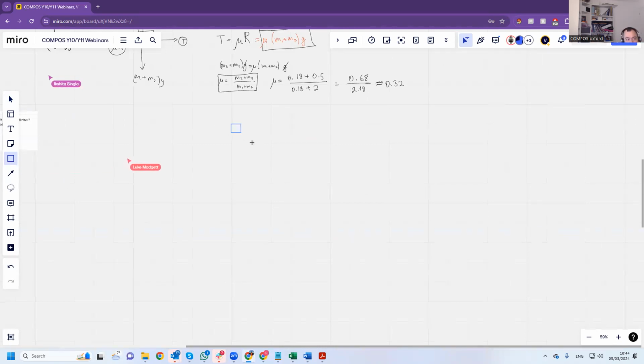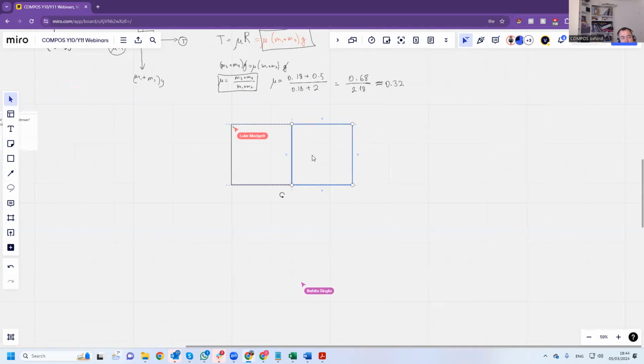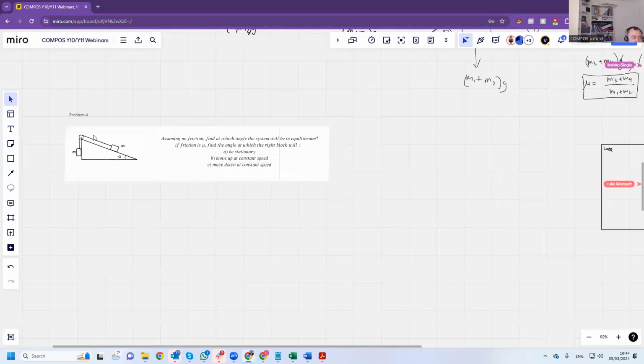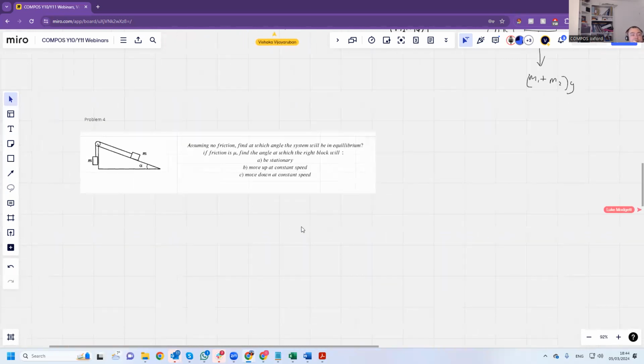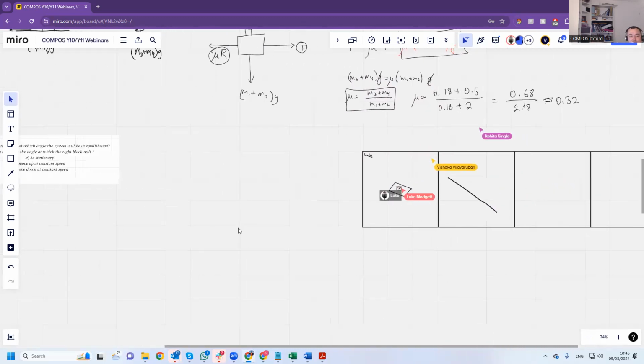And can you just take any square you like and draw a free body diagram for the, I don't know how many of you are here. Draw a free body diagram on the top block, on the block on the slope. Can you please draw that for the top block?